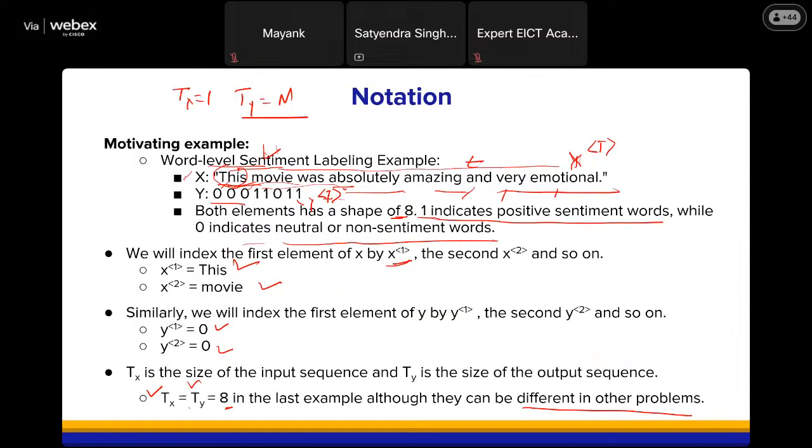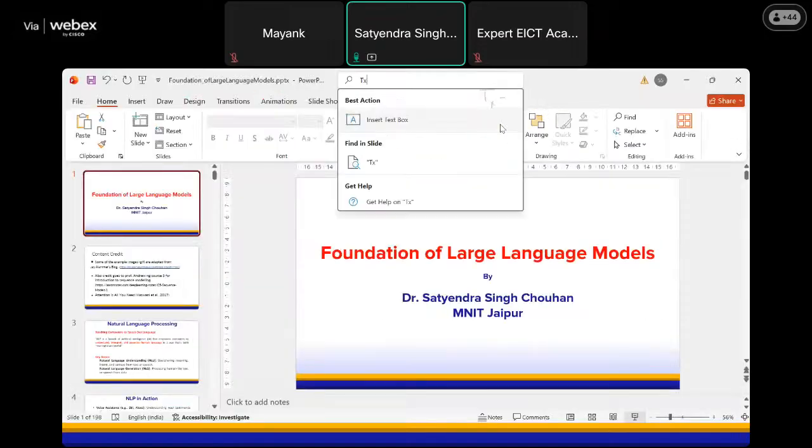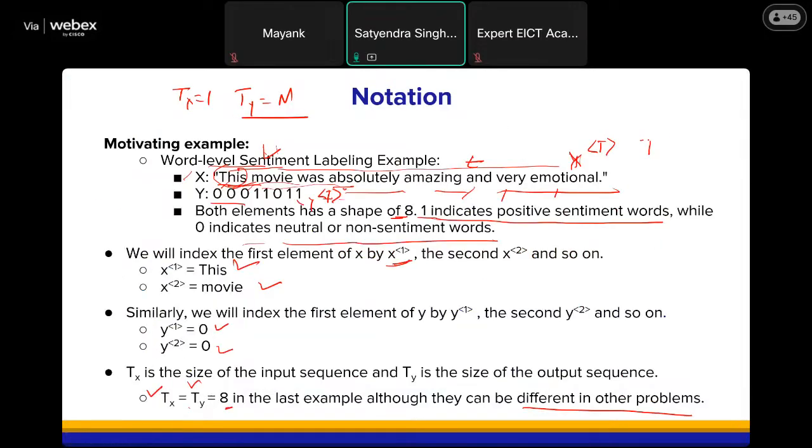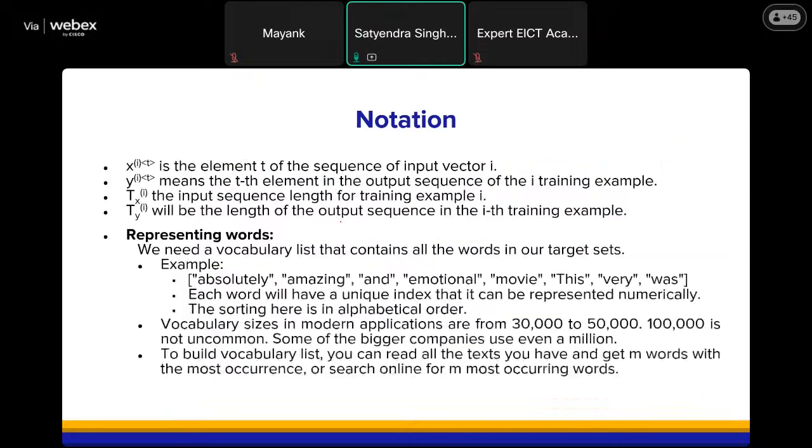However, where your tx and ty are the same, it is easy to understand the concept of recurrent neural network, so we'll take this as an example. And obviously, in a data set, you might have various input texts one, two, three, and corresponding outputs. So iterating through all those input texts, you have i as an iterator, and T superscript is for the t-th token in that.